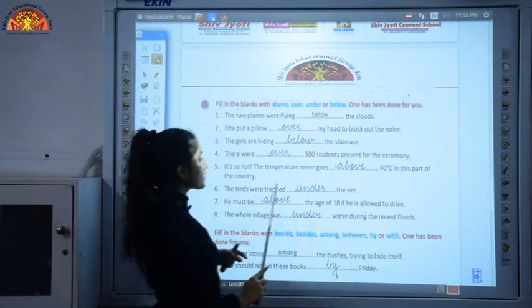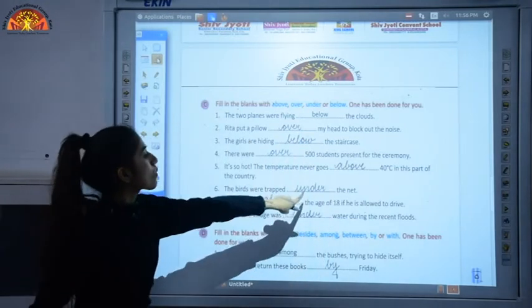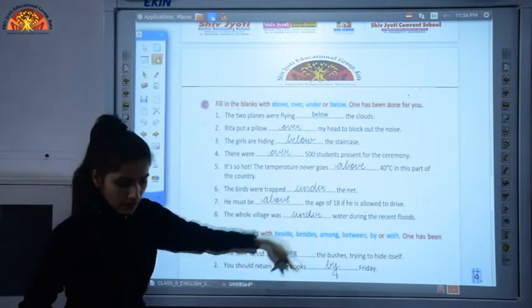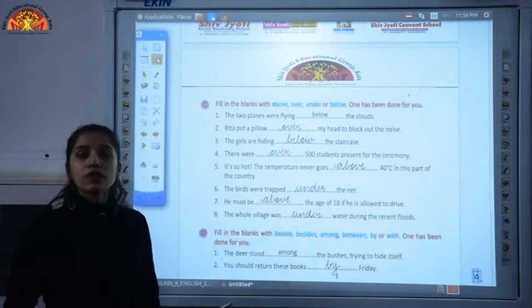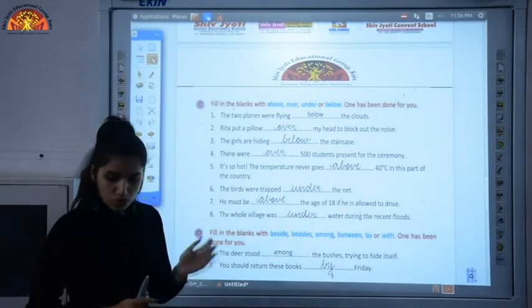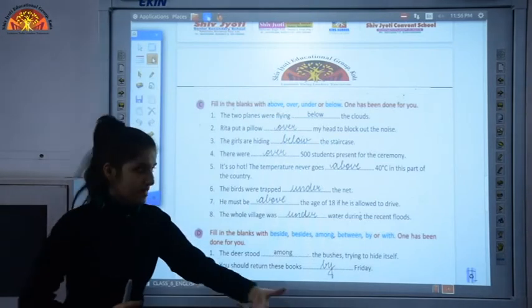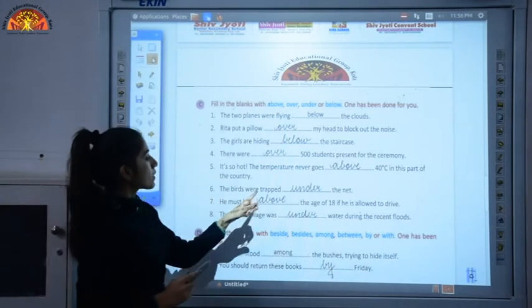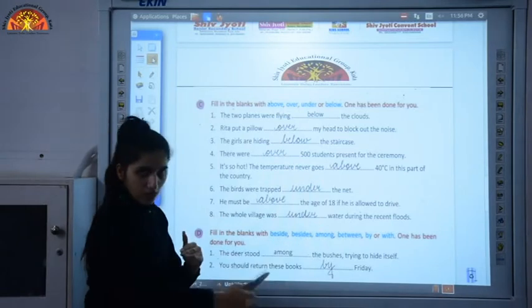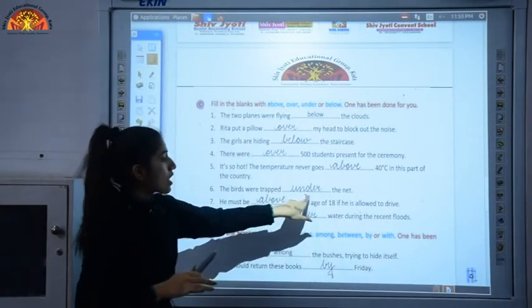The birds were trapped dash the net, and the word we have used over here is what? It's under. Why have we used under? Because under is used to talk about something being covered by something else. So the birds were trapped under that net. That is why we have used under.